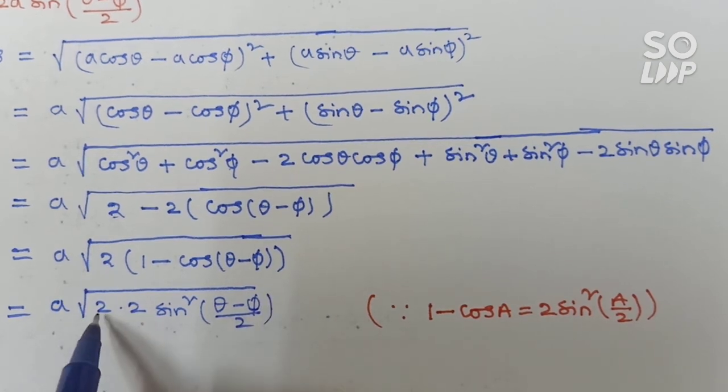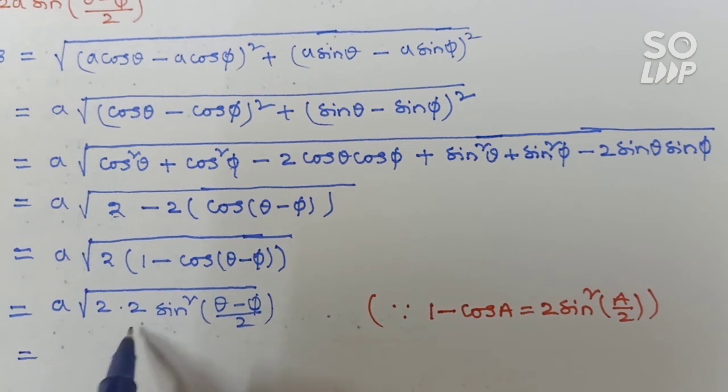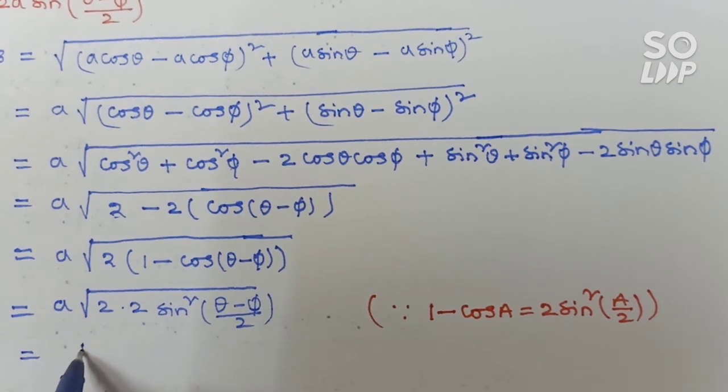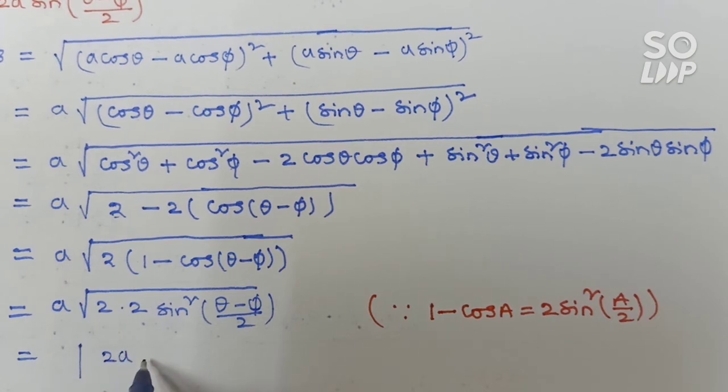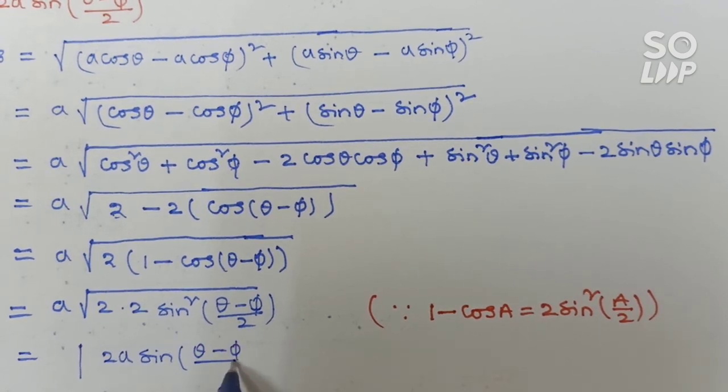So 2 into 2 is 4, and 4 into sin square means the value is 2. Here this value may be positive or negative, but length is always positive. So taking the modulus, we can write 2a into sine of theta minus pi whole divided by 2.